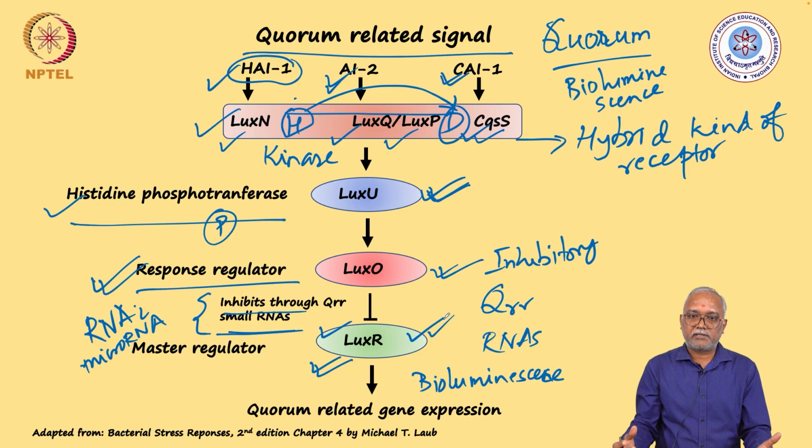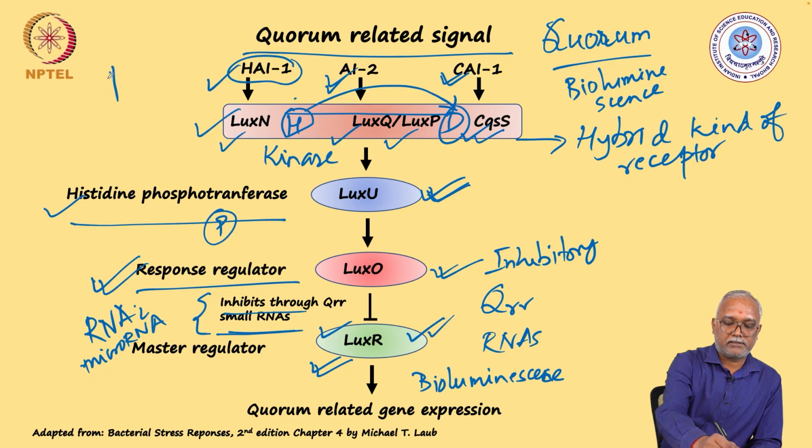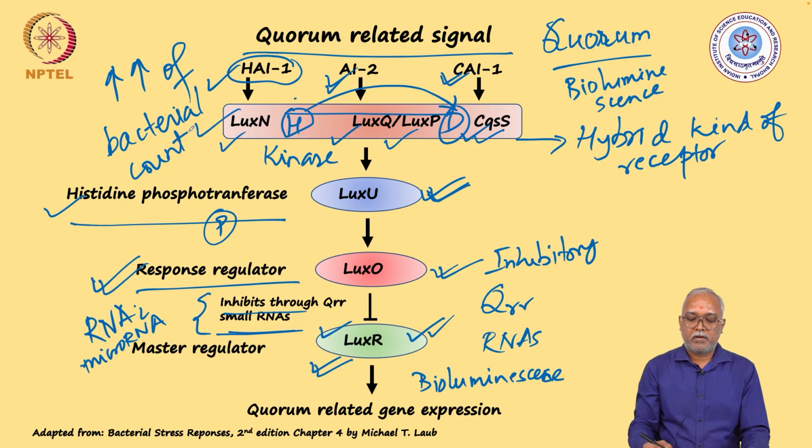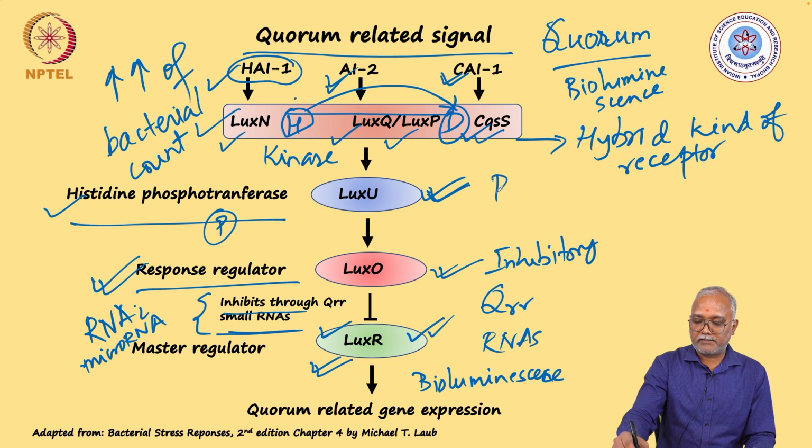So how does bioluminescence happen in this case? Now when the growth of bacteria is happening and suddenly you have increased density of bacteria, this receptor, which was a hybrid kinase, has an additional activity which is like a phosphatase.